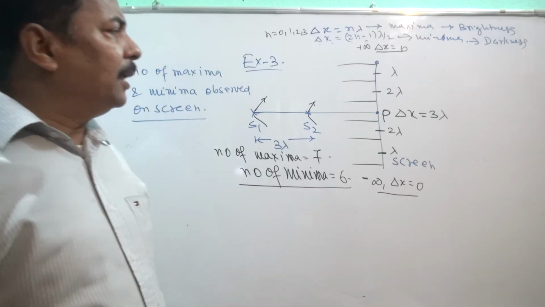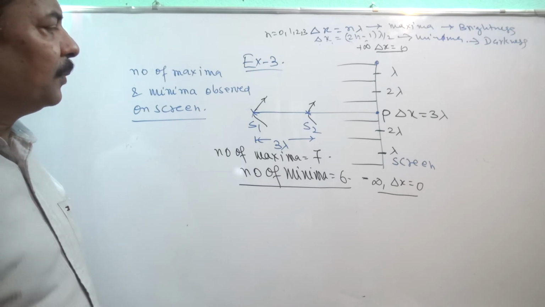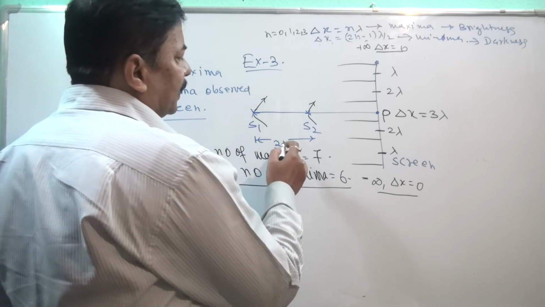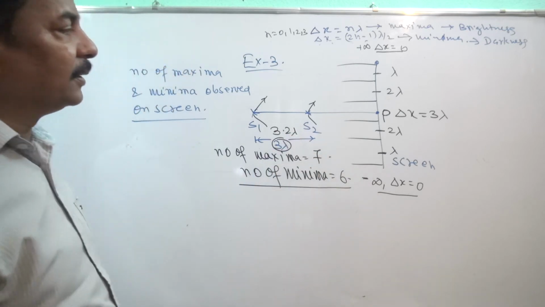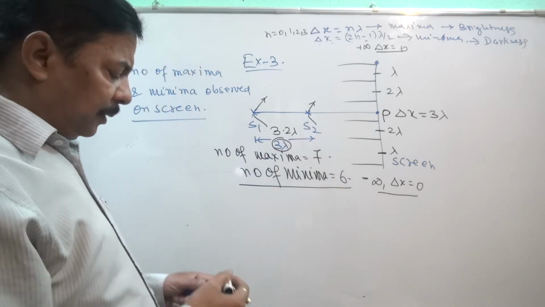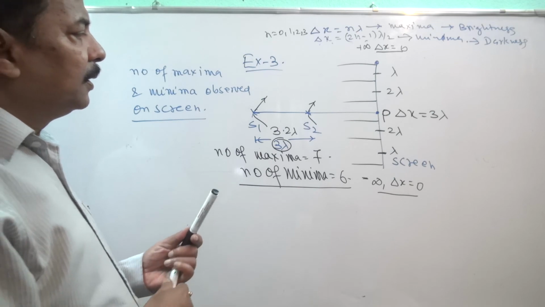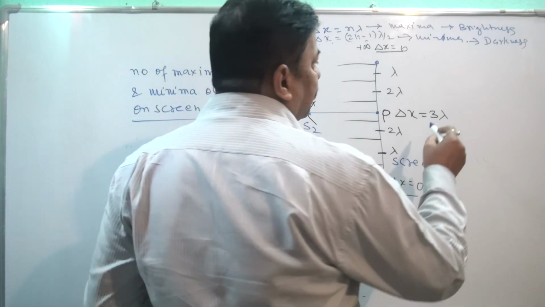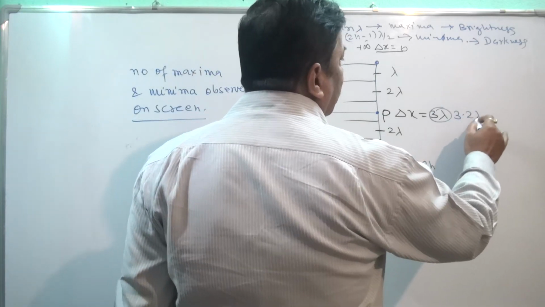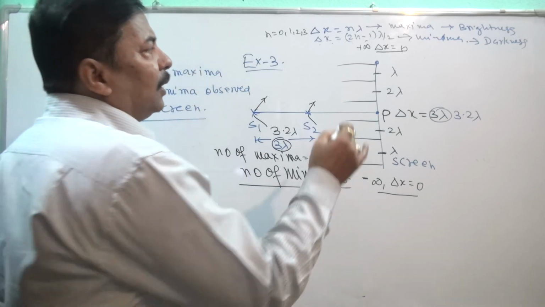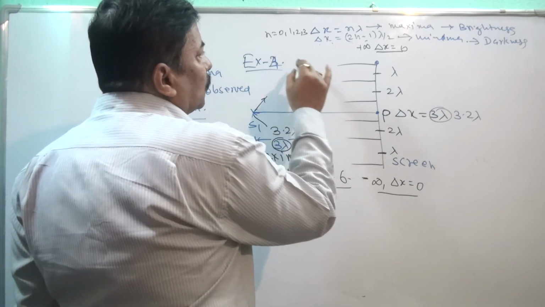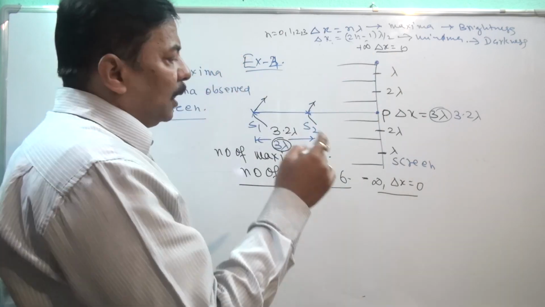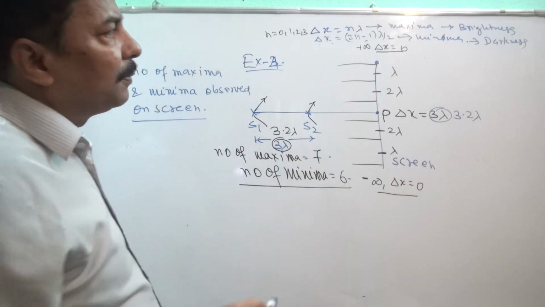Now in the same question, if I make this distance 3.2 lambda, then what will be your answer? The rest of the logic will remain the same.